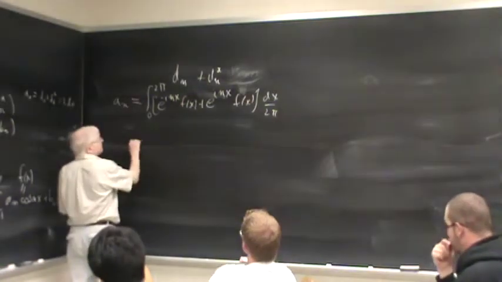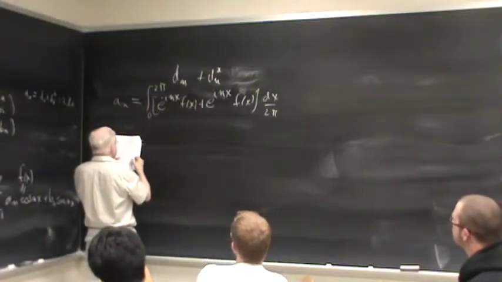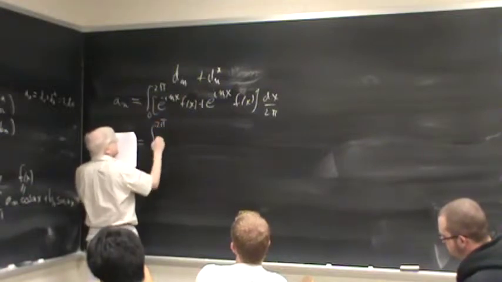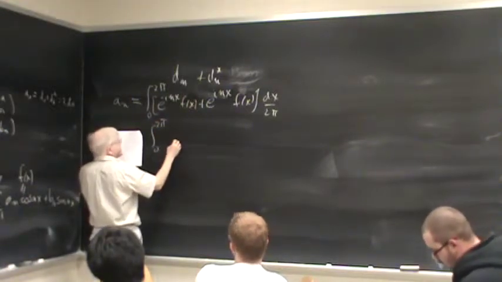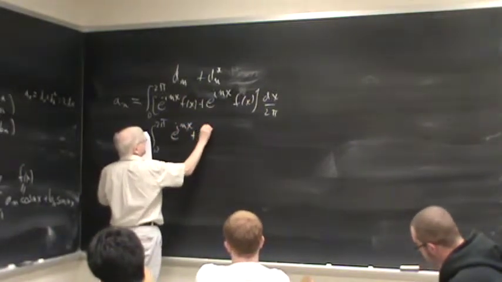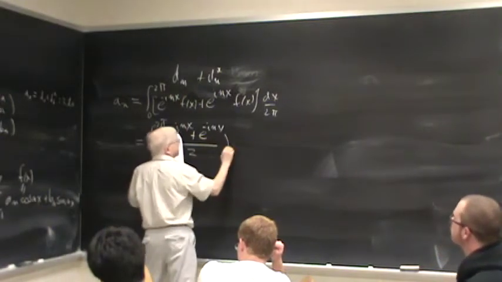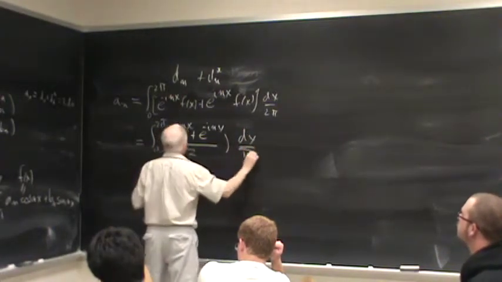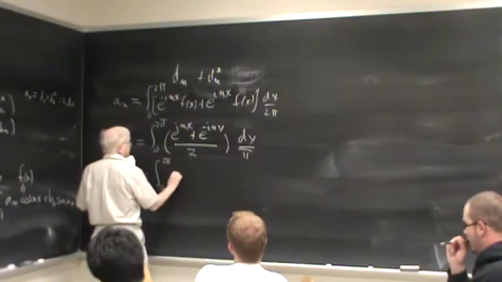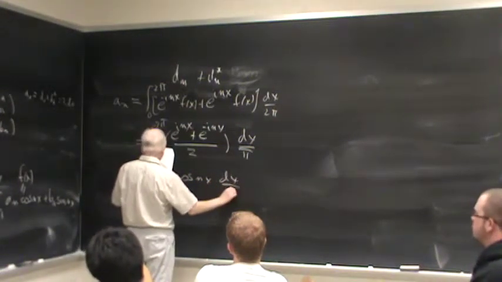so we can get rid of this star. And then what we have, combining the two, is the integral from 0 to 2 pi, and I think I see a typo here. This is e to the i n x plus e to the minus i n x over 2, dx over pi, and so this is the integral from 0 to 2 pi of cosine nx dx over pi.